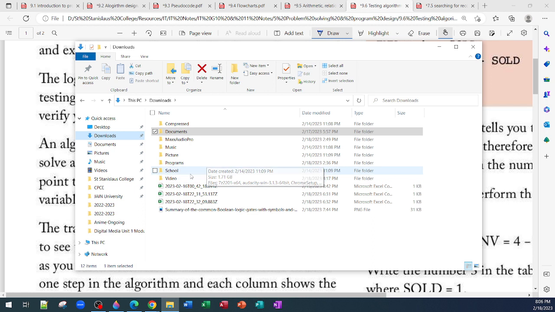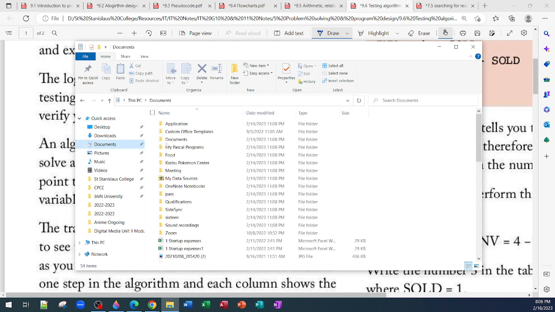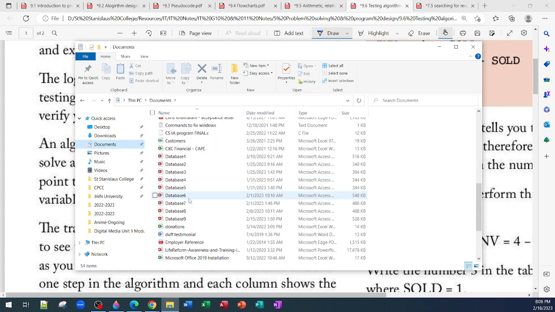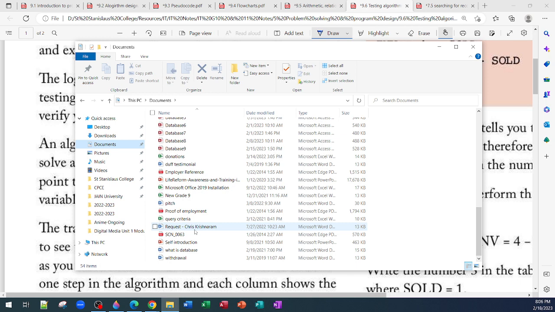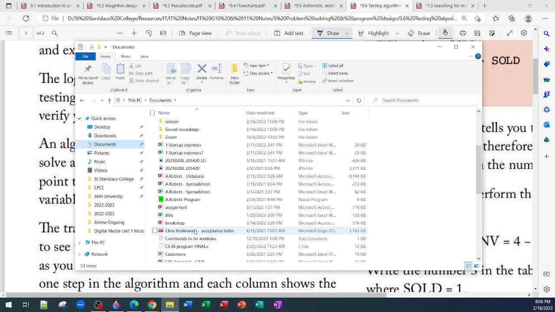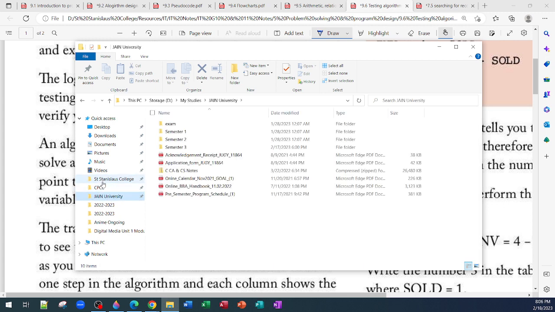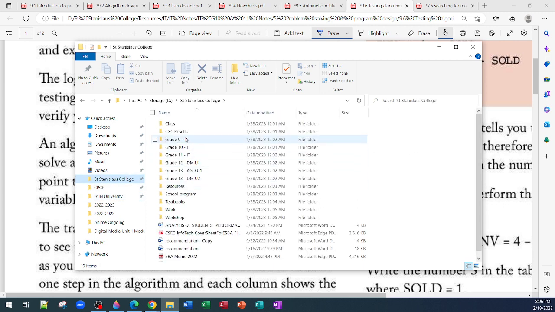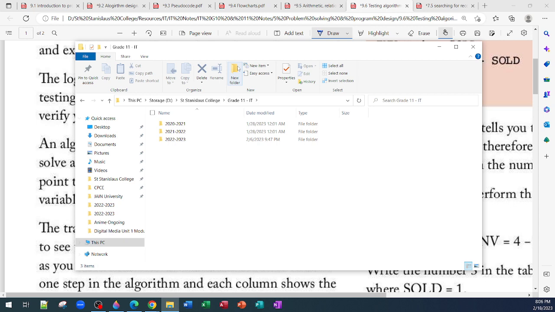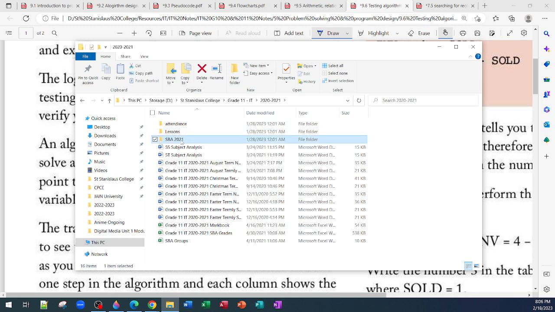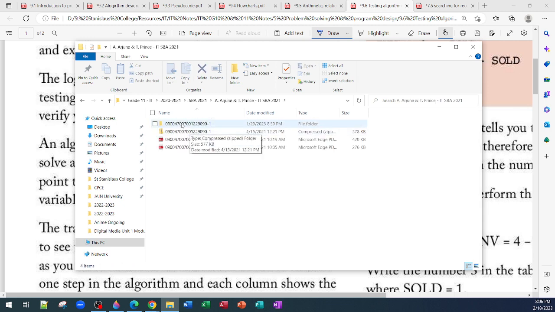Basically what they're saying is that if you stop the algorithm at a certain point in time, that is what is going to be called the snapshot. And basically, you should be able to determine what values are at that step.